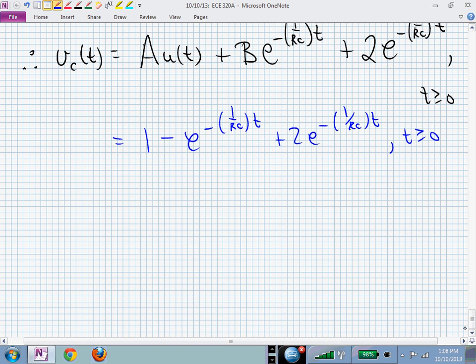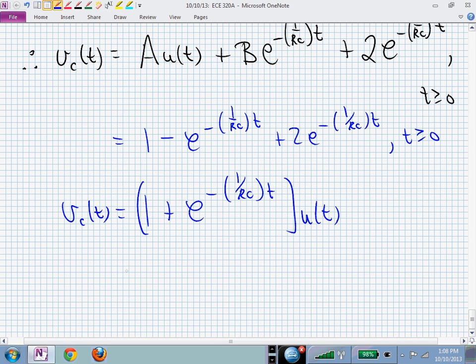Or you might see that written, and can I combine those last two pieces? They're all the same except for the coefficients, and I now have 1 plus e to the minus 1 over RC t, and somebody might write that this way. And that's equivalent to 1 plus e to the minus 1 over RC t, t greater than or equal to 0.